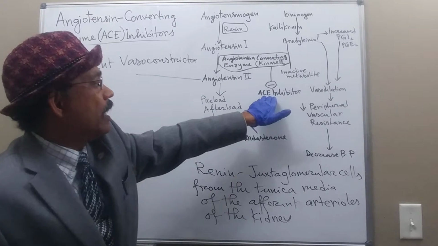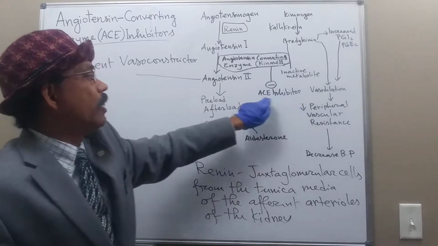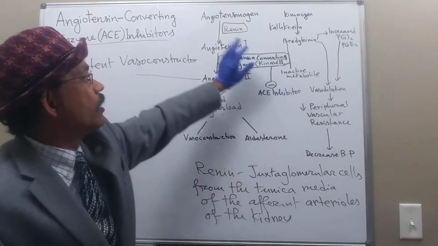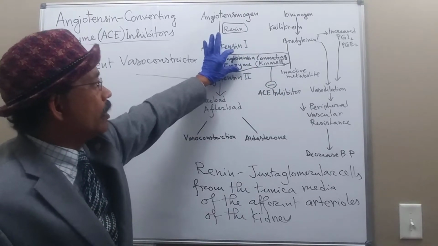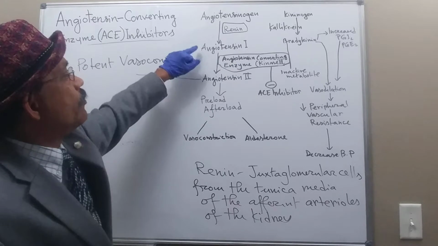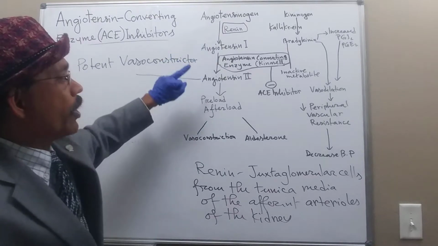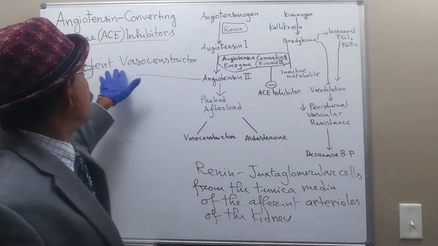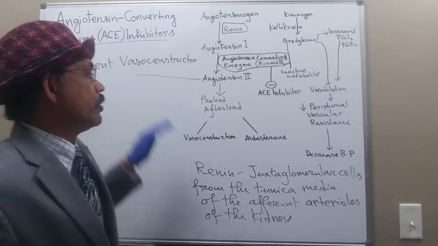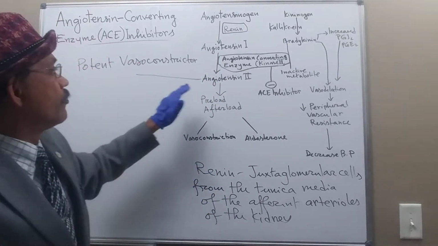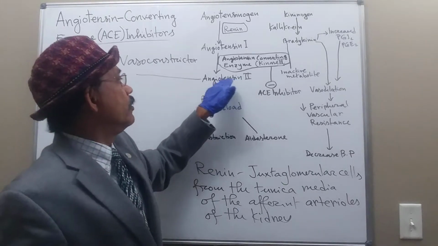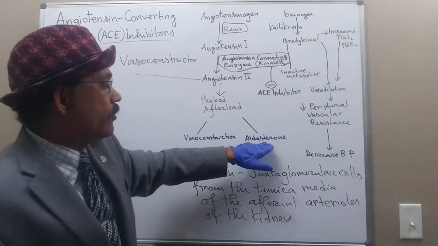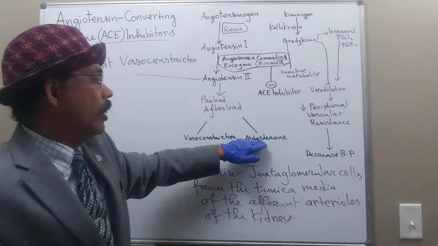So angiotensin 1 will not be converted into angiotensin 2. Angiotensin 2 is a very potent vasoconstrictor, and it will also increase the secretion of aldosterone.